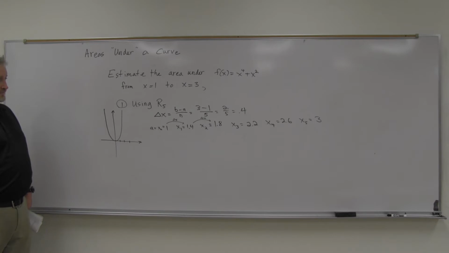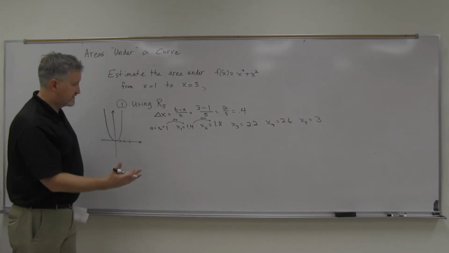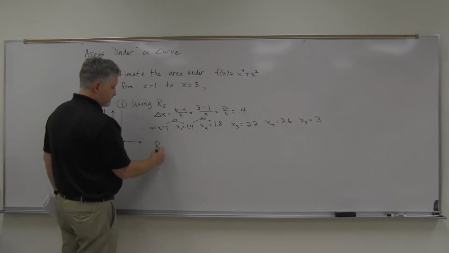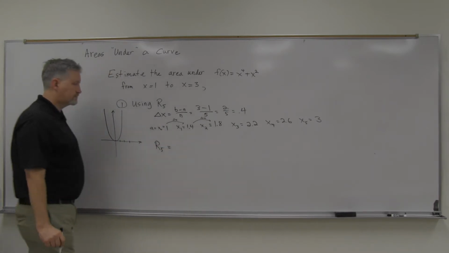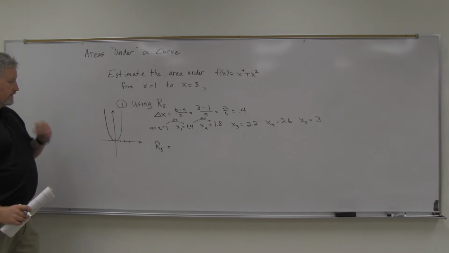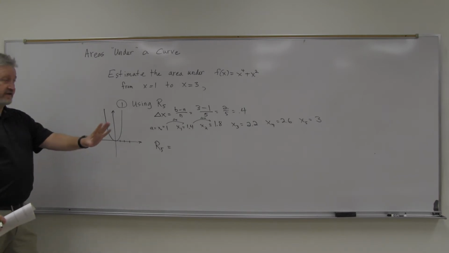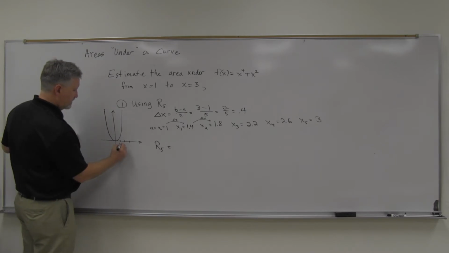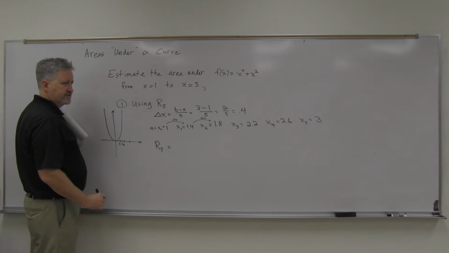All right, here's the next thing. Now R5, our approximation, is just the area of those rectangles with those endpoints. I'm starting at 1, and the first one is at 1.4, so maybe I will draw that in to give us an idea.